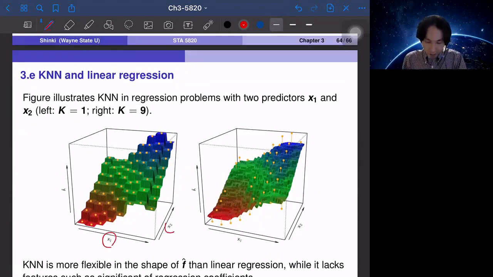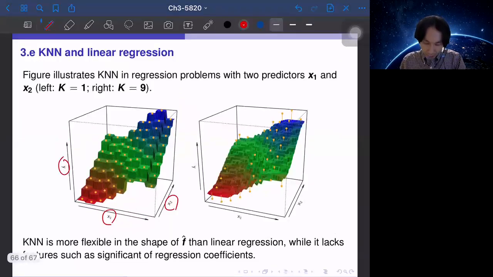This is one example. x1 is here, x2 is here, y value is here. The orange dots are observations, about 50 observations. This surface, the red, green to blue surface, is the fitted surface. Given the values of x1 and x2, we get a point, and this point is the predicted value for y.